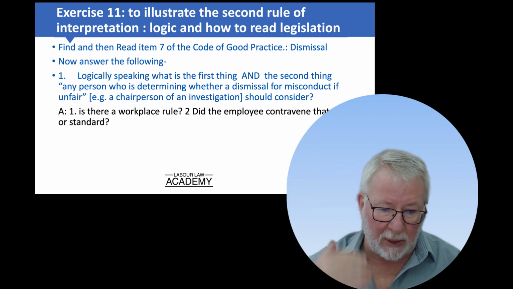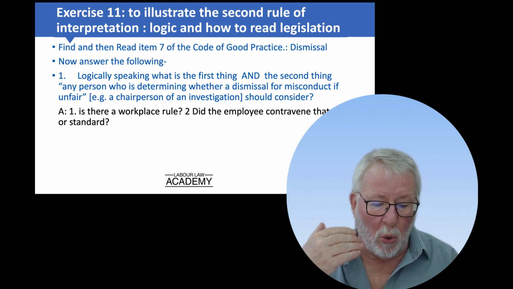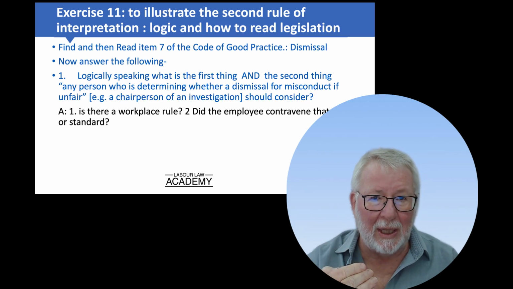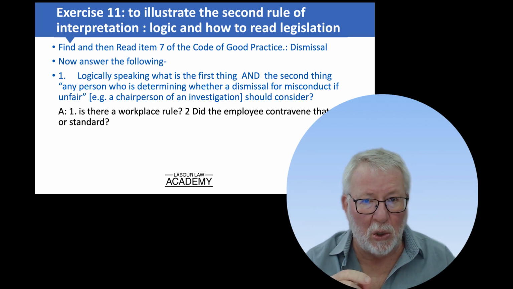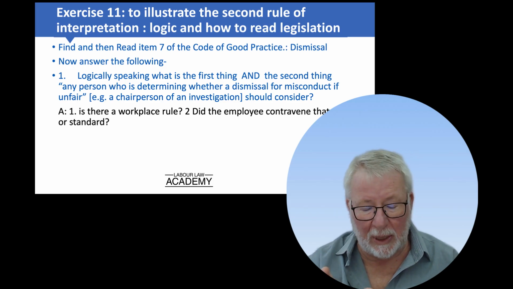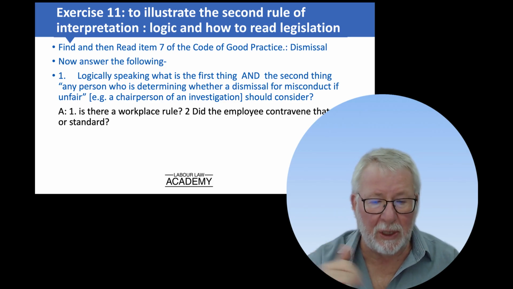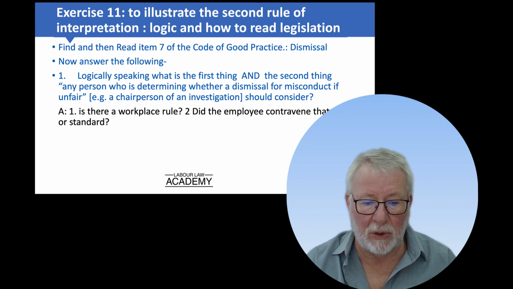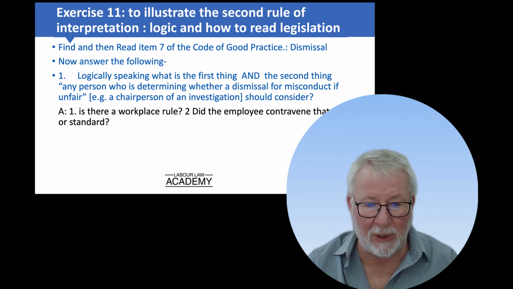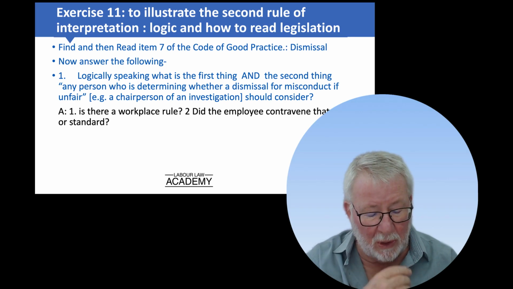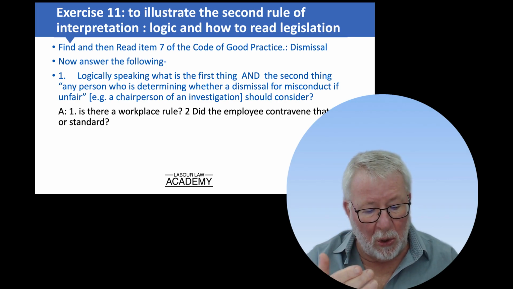Now, go back to the question. What is it telling you that this person who is determining whether dismissal for misconduct was unfair, which is a chairperson or arbitrator, should look to first? Well, I've given you the answer there: is there a workplace rule? Think about it logically. It says they should consider whether or not the employee contravened a rule or standard regulating conduct.